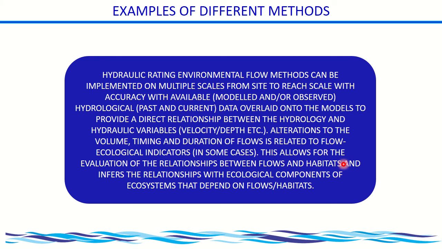Do you understand that? If you think of a river as a pipe, and I know what the shape of the pipe is, and I'm putting water down that pipe, I can work out what the actual habitat is like, what the depth of the water in the pipe is, what the speed of the water flowing through the pipe is. If I add rocks and things to the pipe, it's going to cause the water to change directions. And if I can understand how the water is changing directions, I can understand what the habitats look like in my pipe.